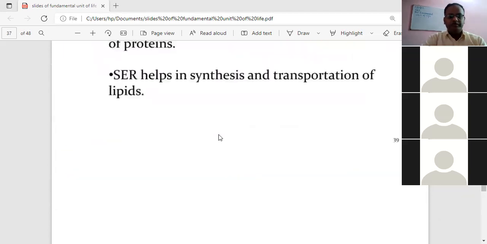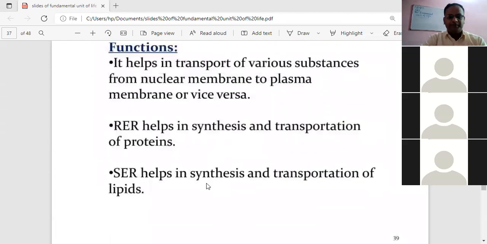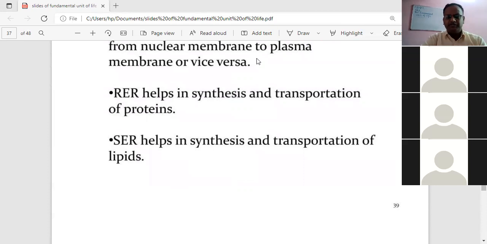Now, students, before going into the next topic, there is one very important term which is asked most of the time in examinations, and that is membrane biogenesis.